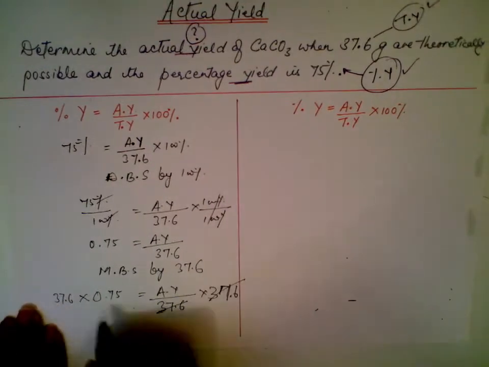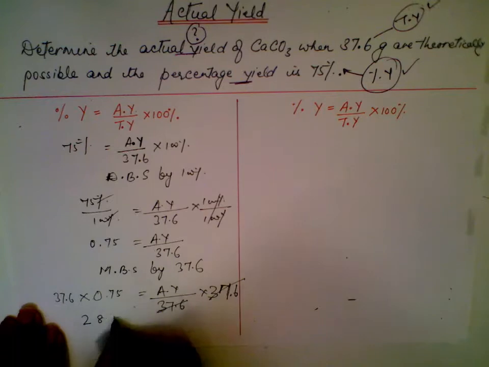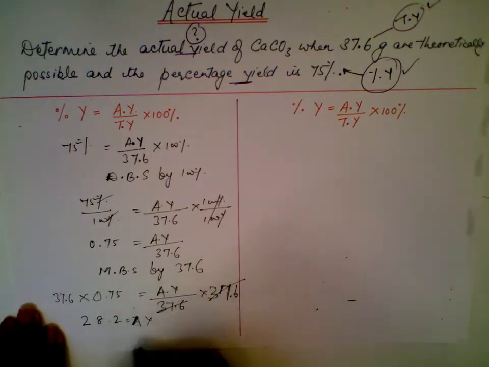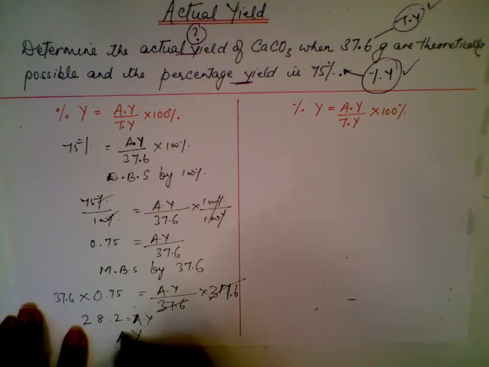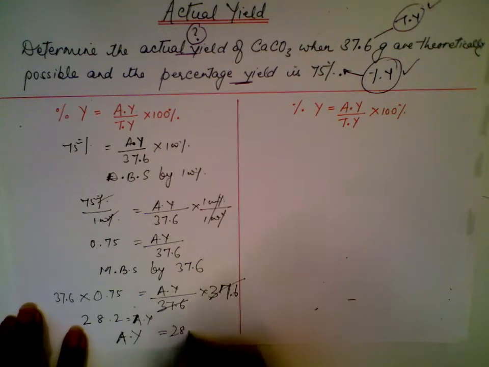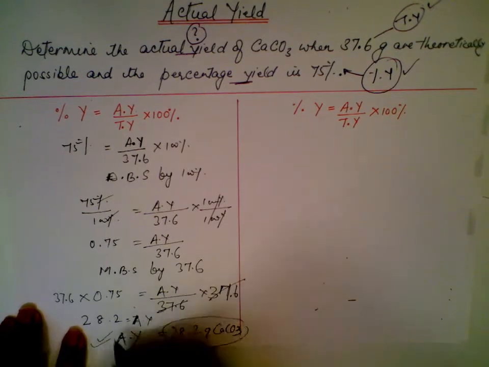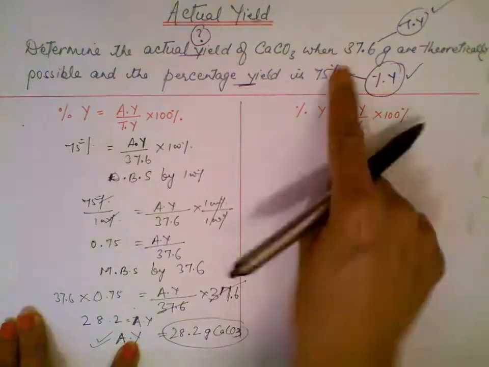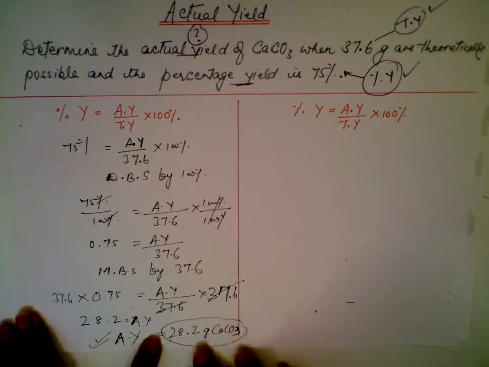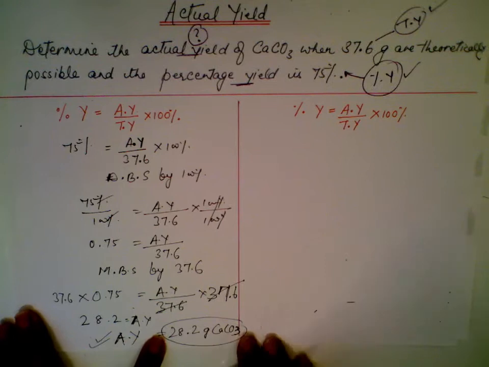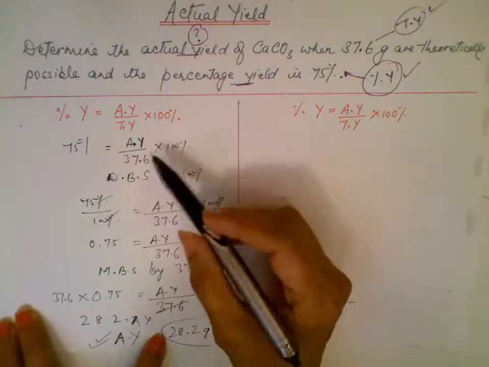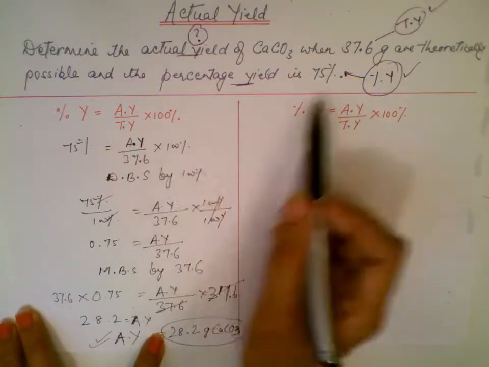Now you multiply this, you're going to get 28.2. So that is your actual yield. Or you can say actual yield is 28.2. Don't forget the unit and the substance. This is what you figured out. Actual yield of calcium carbonate is 28.2 grams when you have the theoretical yield of 37.6 and the percentage yield is 75%.